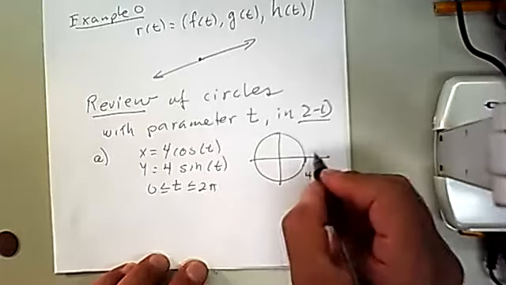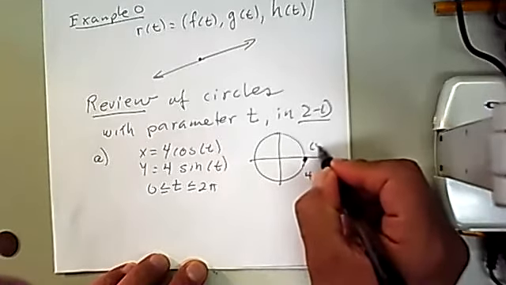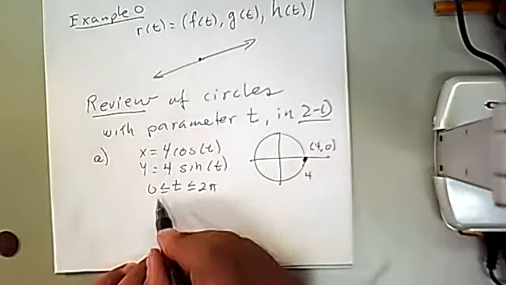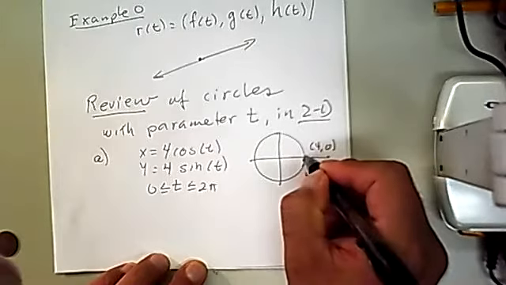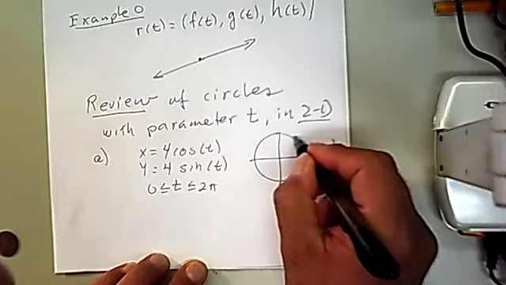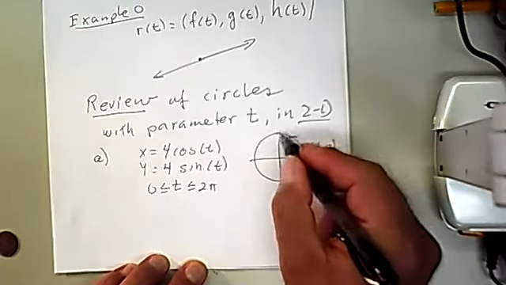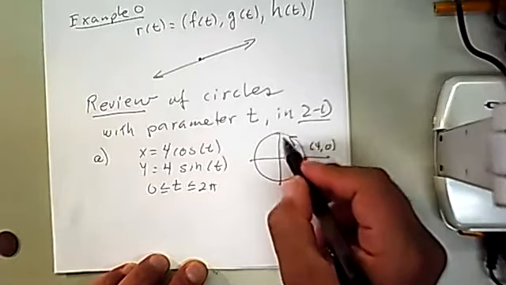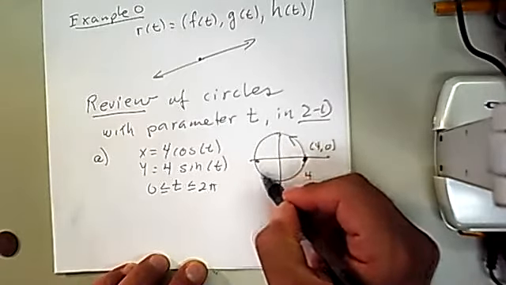When t is equal to 0, we start at the point 4, 0. And then as t increases from 0 to 2 pi, the point that is drawn moves along the circle in the counterclockwise direction. So when t is pi over 2, we're up here, and when t is pi, we're here, and so forth.